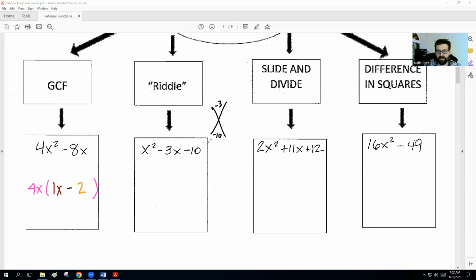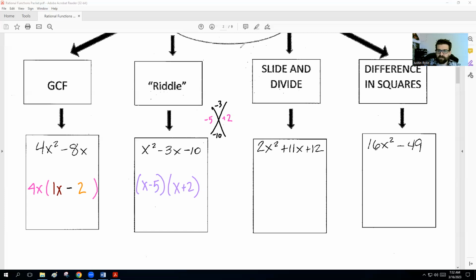To get a negative 10 and add to negative 3, that would be a negative 5 and a positive 2. We use those answers to set up our solution: x minus 5 for the negative 5 and x plus 2 for the positive 2. And if we were to FOIL this out, look at that.